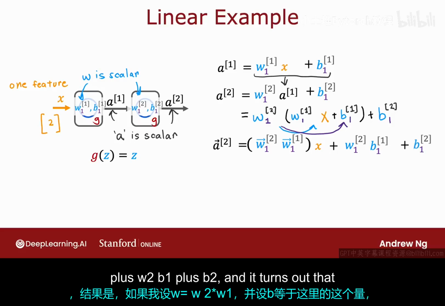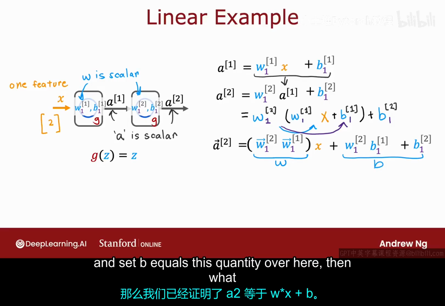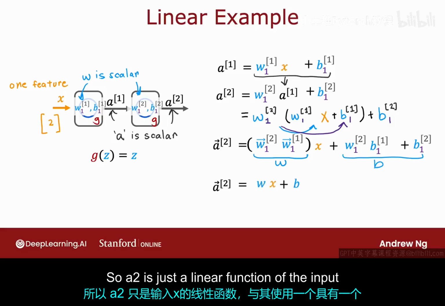And it turns out that if I were to set w equals w2 times w1 and set b equals this quantity over here, then what we've just shown is that a2 is equal to wx plus b. So a2 is just a linear function of the input x.